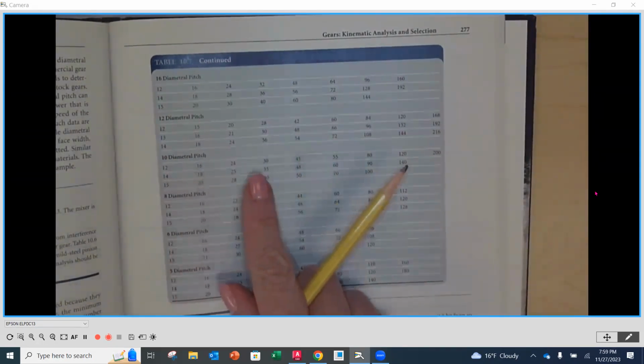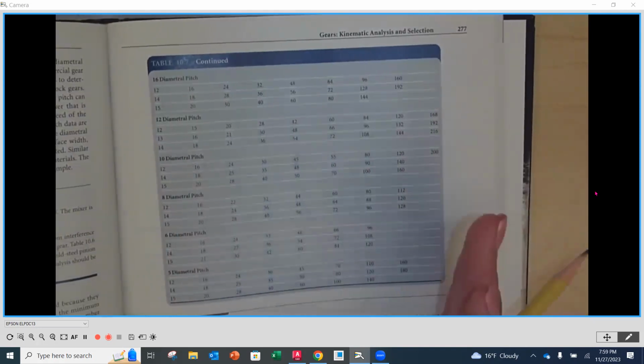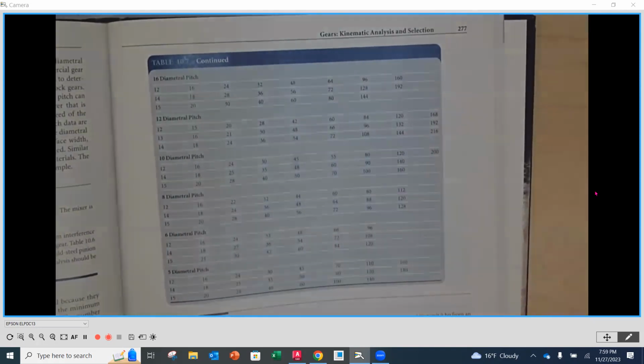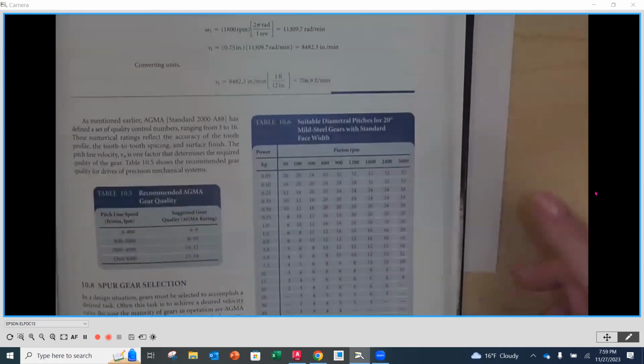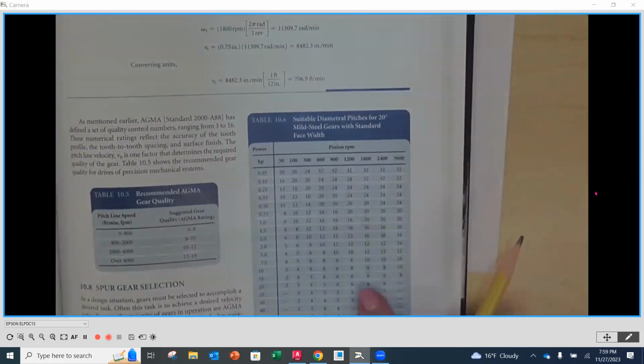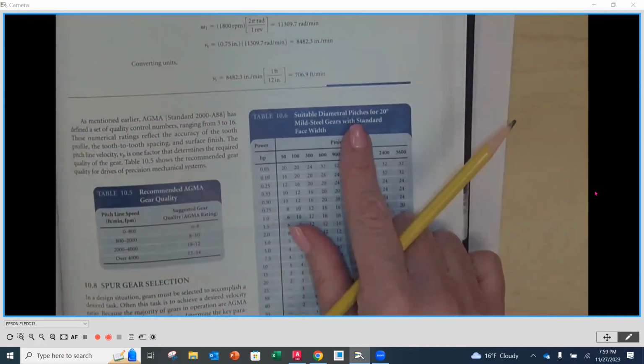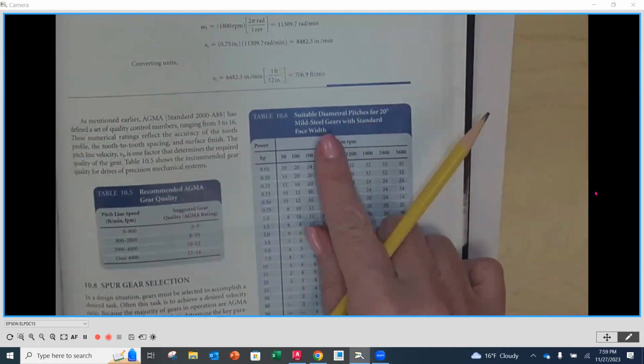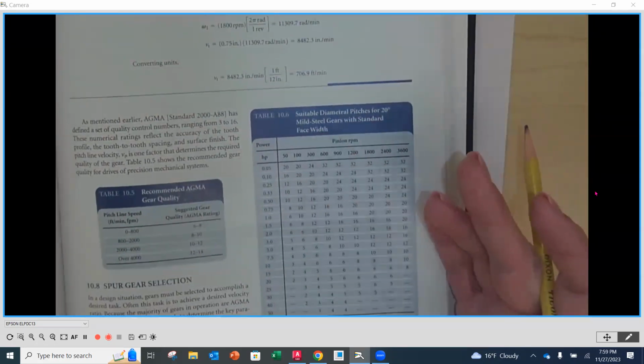And then these are the number of teeth that are commercially made on a regular basis. Now to pick your diametral pitch, what size tooth you're going to use, you're going to go back to page 275. And on this chart, this is going to be a suitable diametral pitch for 20-degree mild steel gears, which is what we're designing for.